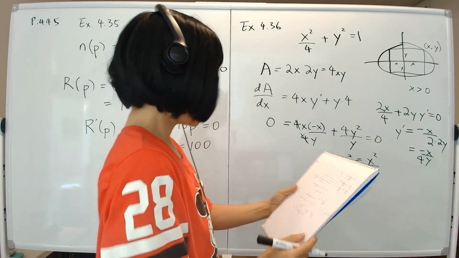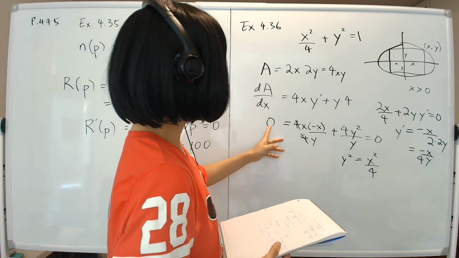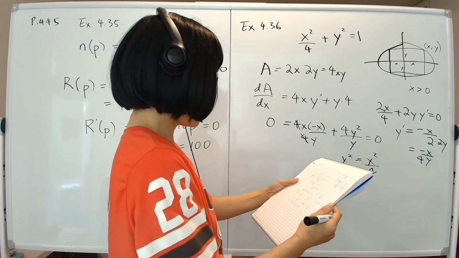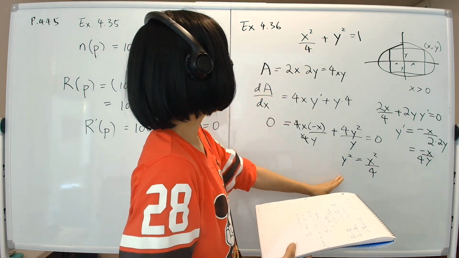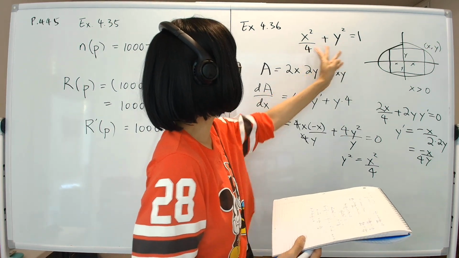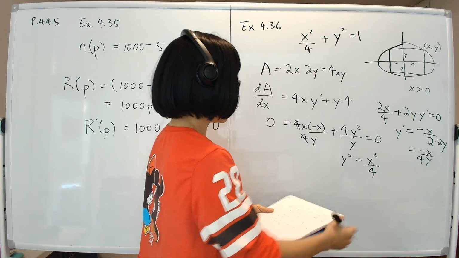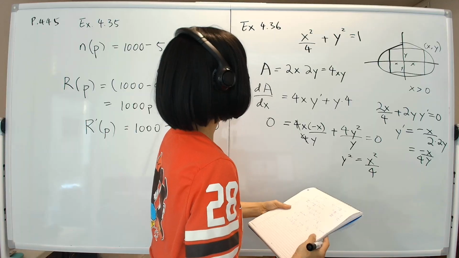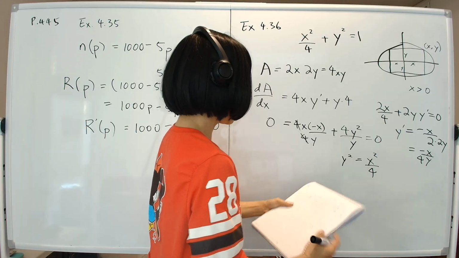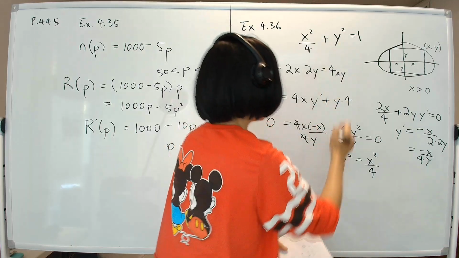So that's if you set it to 0. Now we plug this relationship of x and y into the ellipse equation. y squared equals x squared over 4.